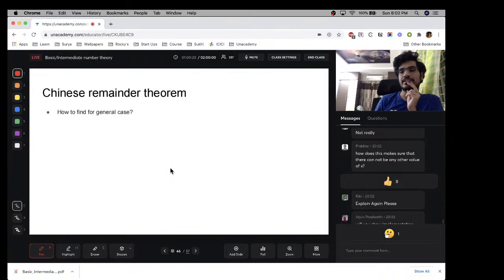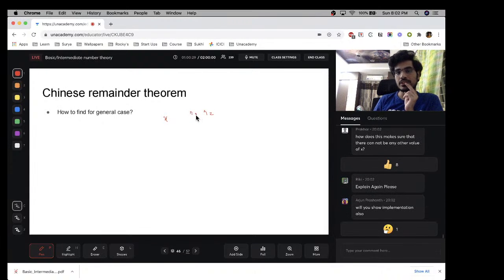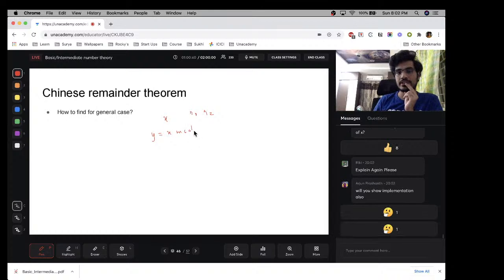How to find for general case? Now that we found x for n1 and n2, let's say y equal to x mod n1 n2, y equal to a3 mod n3.